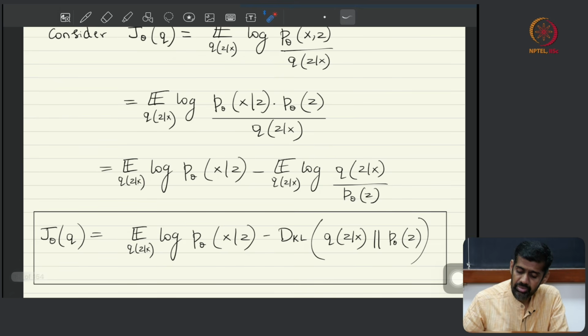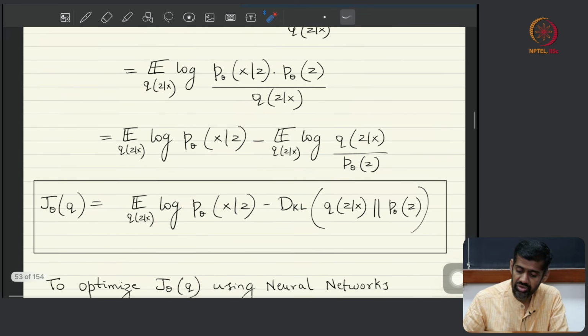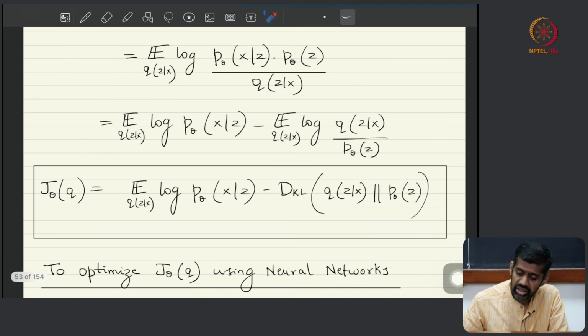Log of a times b divided by c is log of a plus log of b minus log of c, correct. Just invoke the law of logarithms and look at this term. The first term is the expected value of log of p theta of x given z with respect to q of z given x. So, that stays.